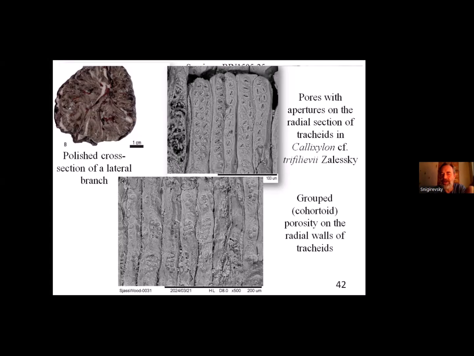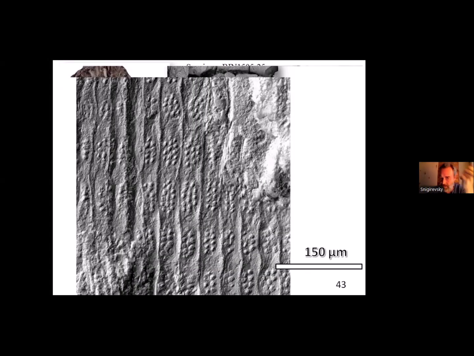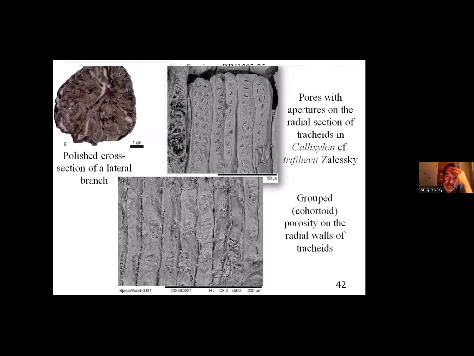We have here a radial section of tracheids with apertures, yeah, and grouped or cohortoid porosity on the radial walls of tracheids. The same photo, yeah, and in this case we identify this fossil stem as Kalixylon conformis Nepeli.